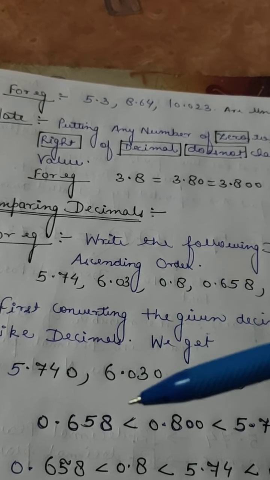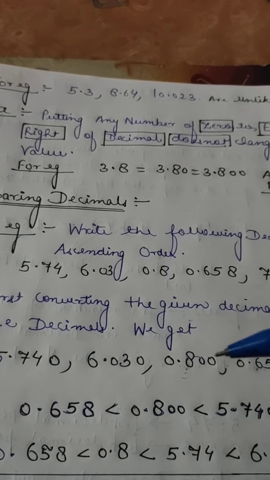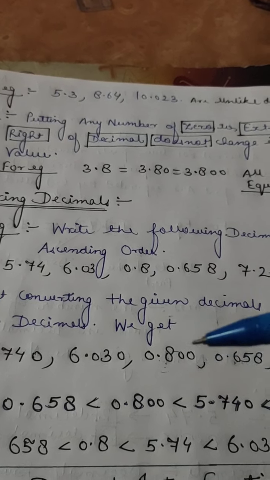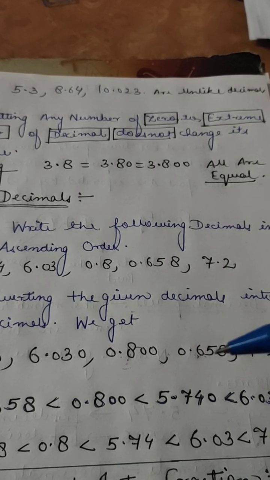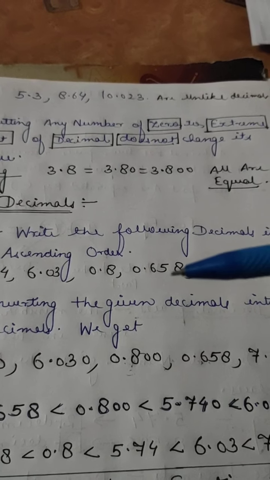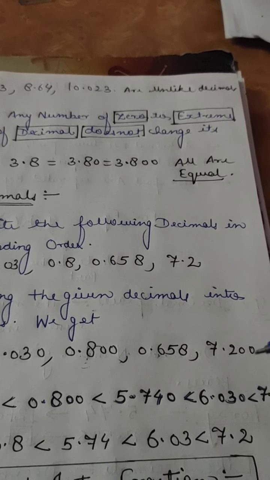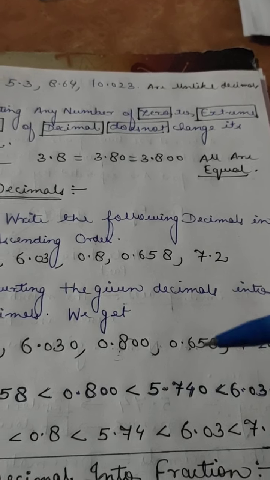In 6.03 we have added one more 0, so it will have 3 decimal places. After that 0.800, it is also having 3 decimal places. It will remain as it is because it already has 3 decimal places. Then 7.2, we have added 2 zeros, so it is also having 3 decimal places.